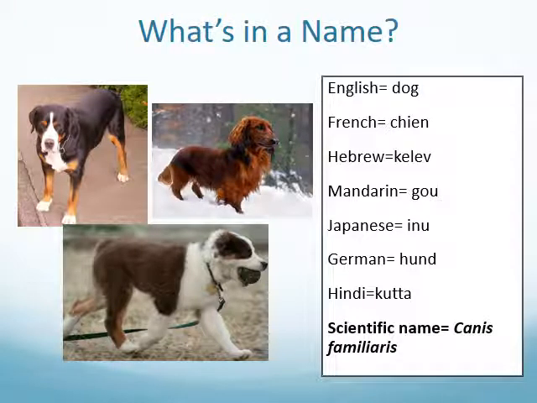The scientific name for a dog is Canis familiaris, because all of these are the exact same organism. They're a dog. But I did not know what a dog was in Mandarin, because I don't speak Mandarin. But everybody in the science community who speaks Mandarin and does not speak English will know that Canis familiaris is a dog.